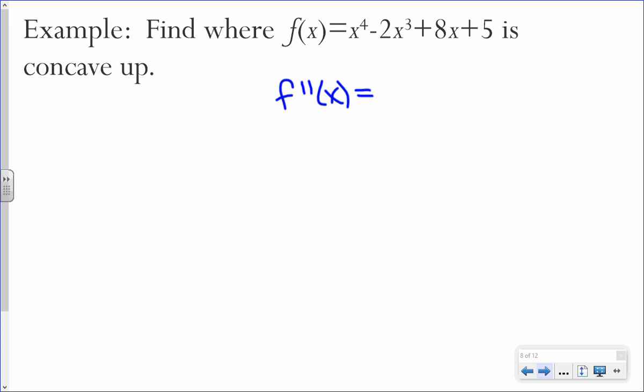Catherine, what do you have for your second derivative? 12x squared minus 12x. Do you agree with Catherine?